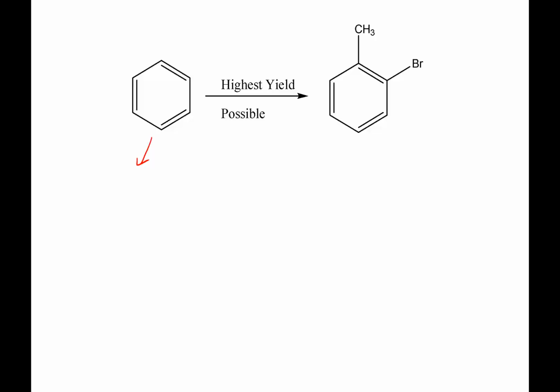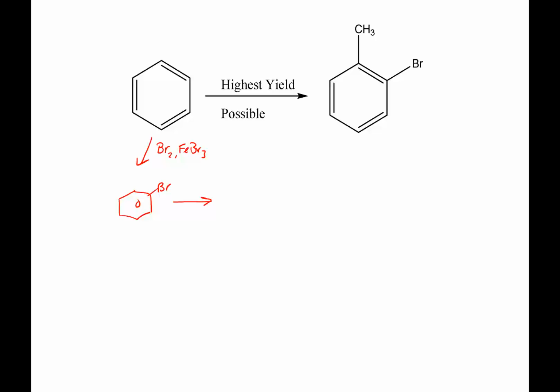Do you want to add the bromine first? We could do that. So I'm going to put the bromine on the ring, over here in that position, where it is in the product. All right, now what do I want to do? Add the methyl group.